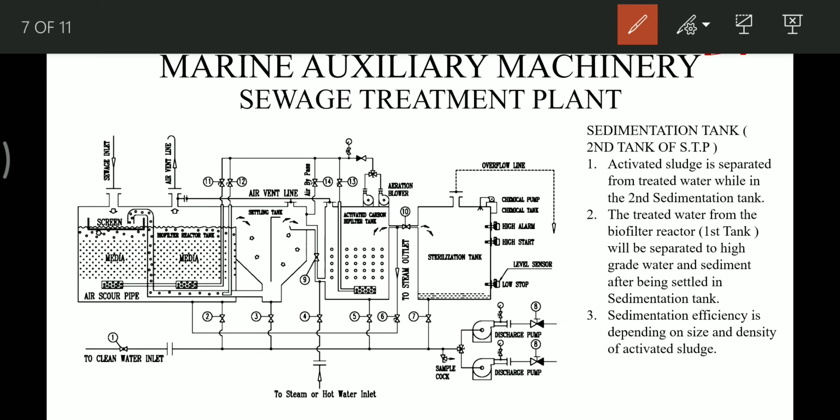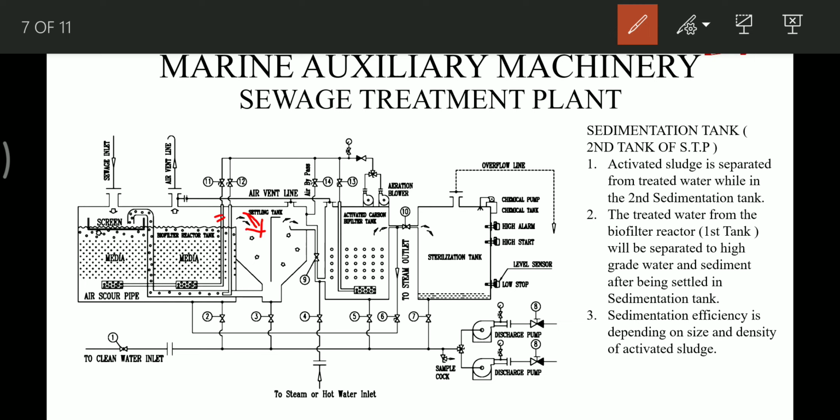Now after this sewage has been converted into sludge, the mixture of sludge and the activated sludge is passed on to the settling tank through the overflow, as you can see over here.